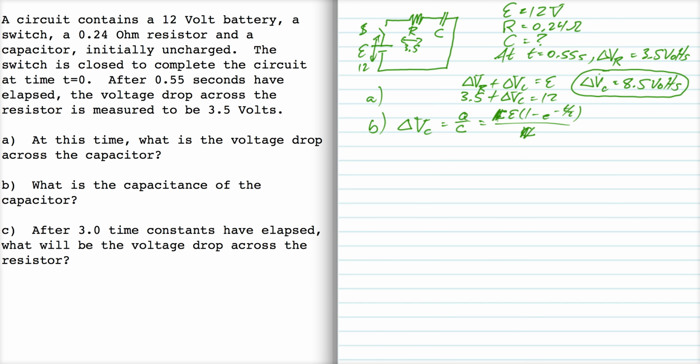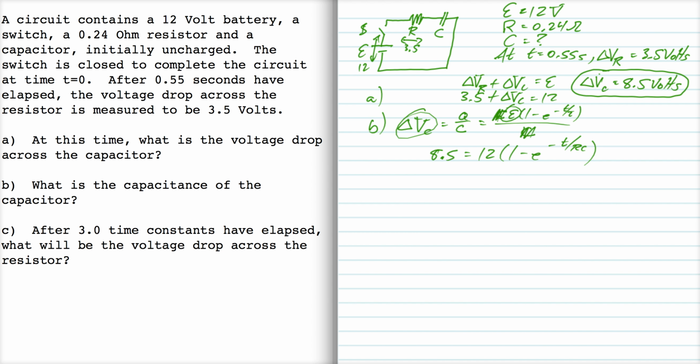So the C's cancel out, and I'm left with 8.5 is equal to 12 times 1 minus e to the minus t over RC. Right, because 8.5 is the voltage drop across the capacitor, and 12 is the EMF.